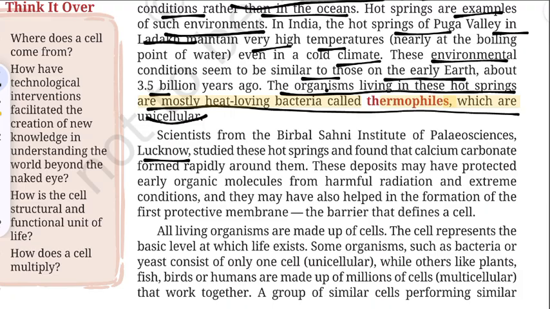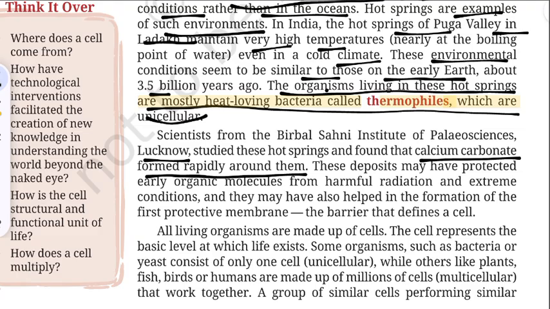Writing each and every line in notes is not possible, but here I am teaching you line by line, so I can even tell you the MCQs. Scientists believed that calcium carbonate formed rapidly around the hot springs.